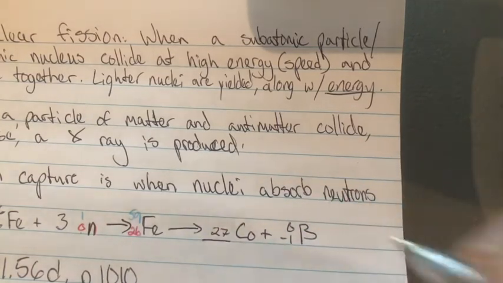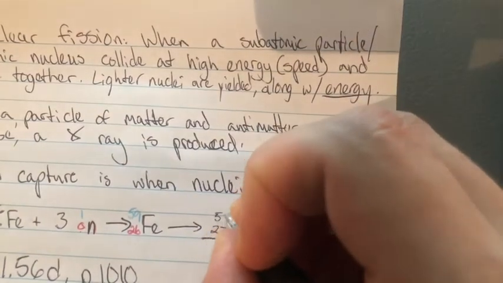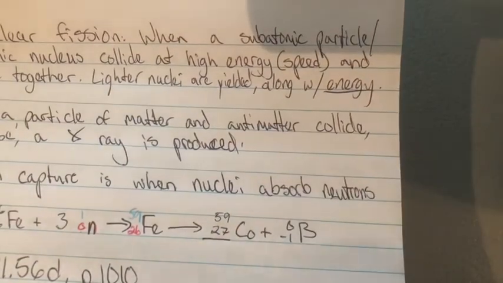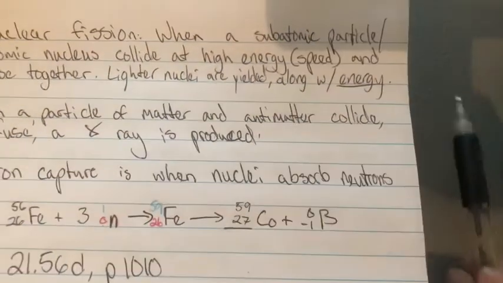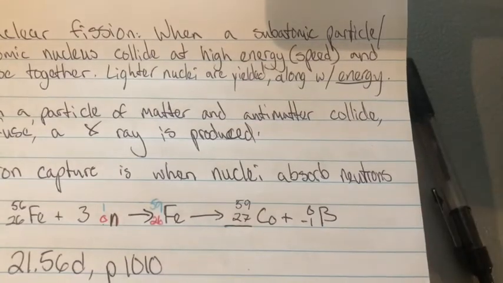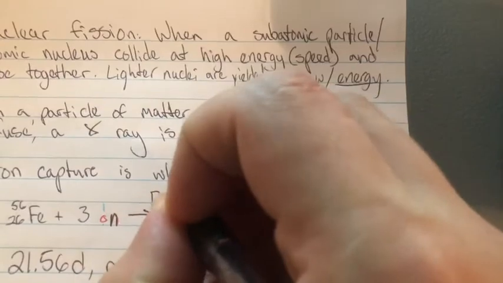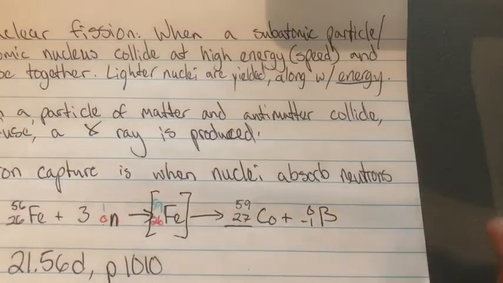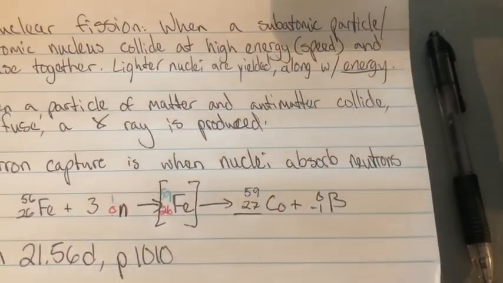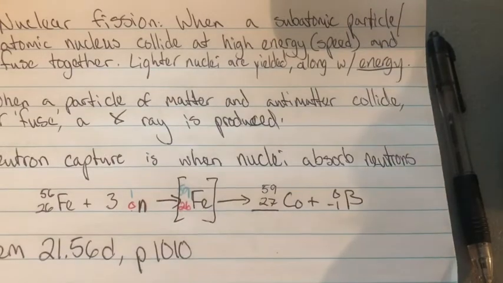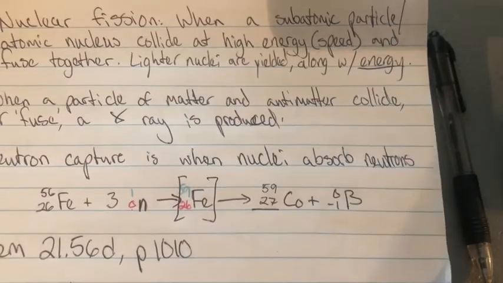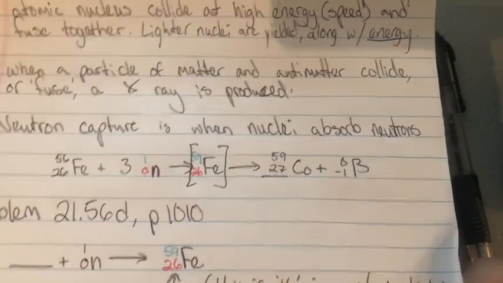No. Okay, so that's an example of neutron capture there. Okay, so in other words, this is really sort of an intermediate, sort of a bracket. Not to suggest that's some kind of concentration or anything. It's just some kind of intermediate.